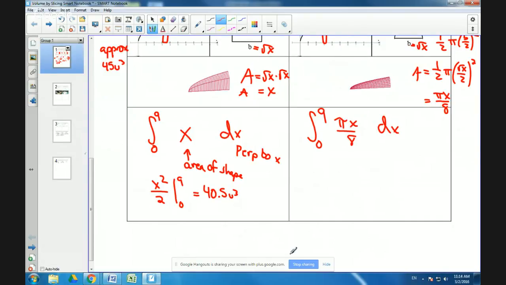No, I don't. So you can do this. You can pull it out. So the only thing we're worried about here is the x. It's x squared over 2, from 0 to 9.